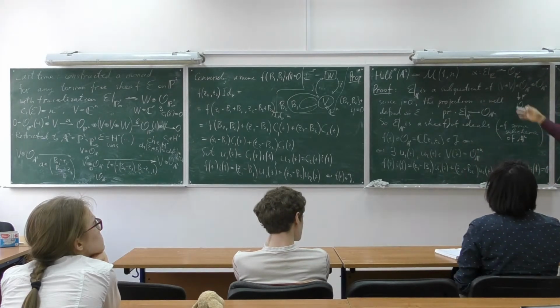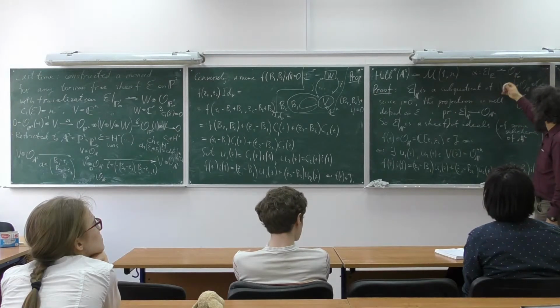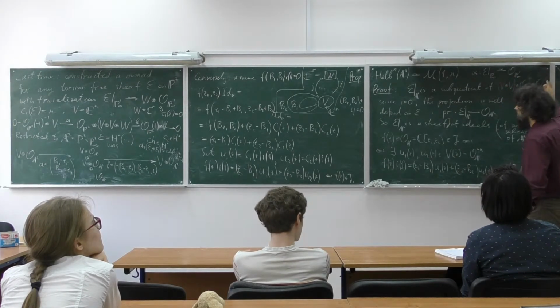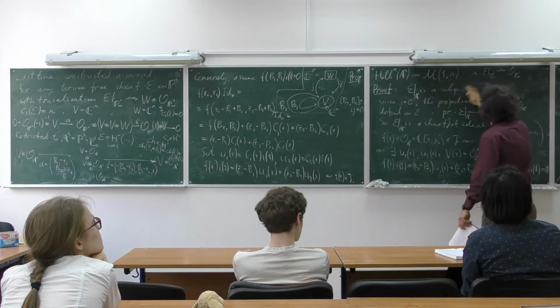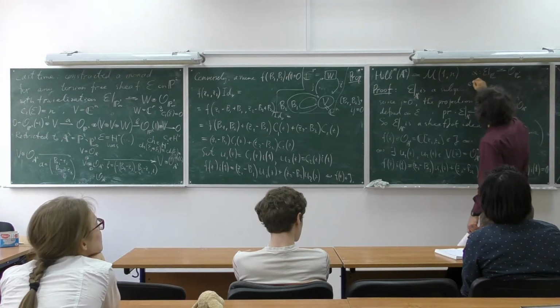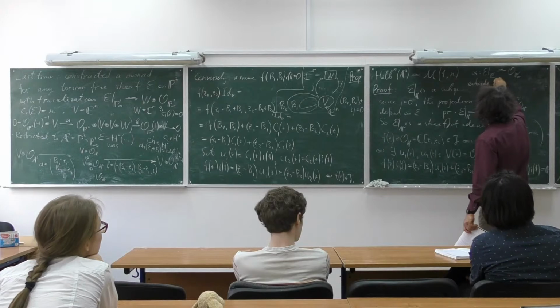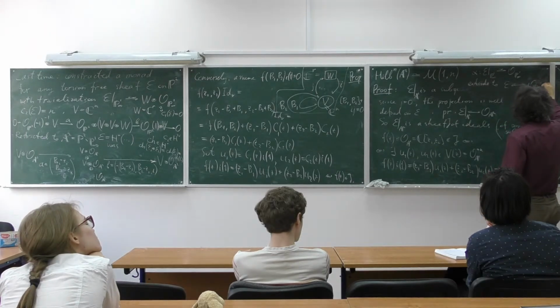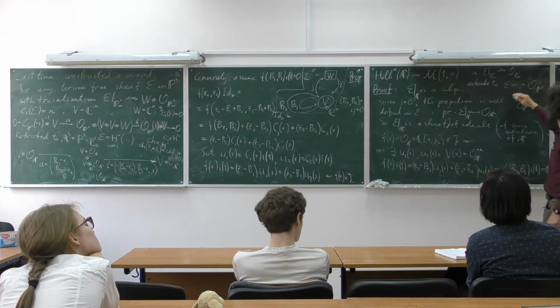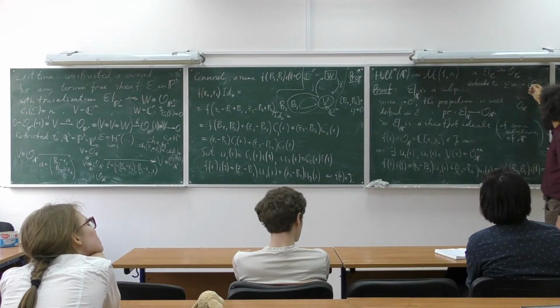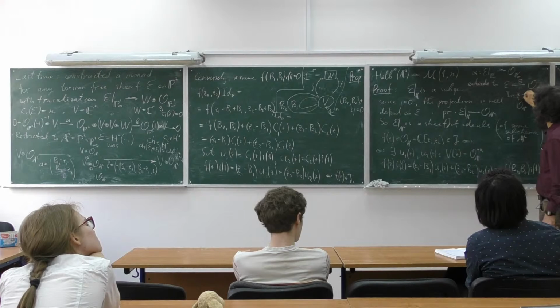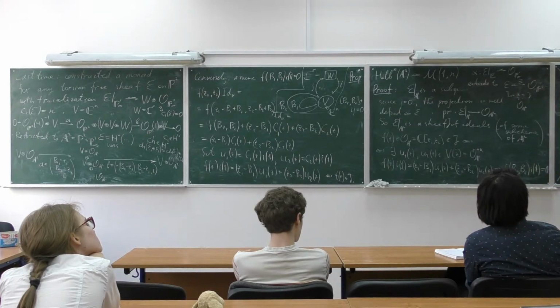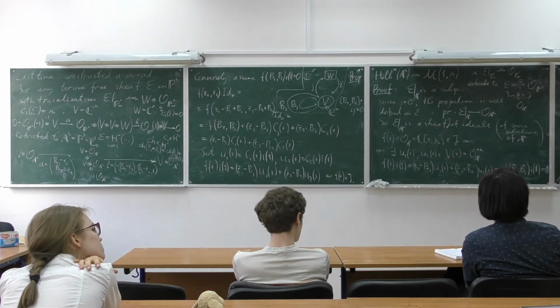And it extends to the embedding from E like this, and the image of this embedding, let's call it alpha tilde, the image of alpha tilde is J. Why cannot we identify E and J?